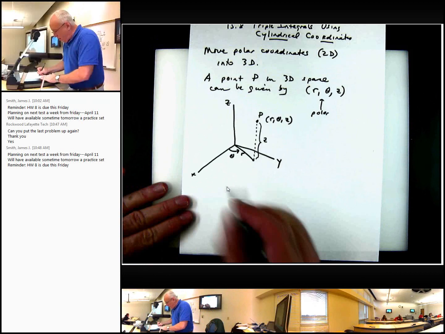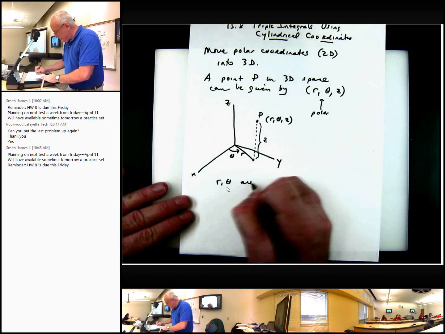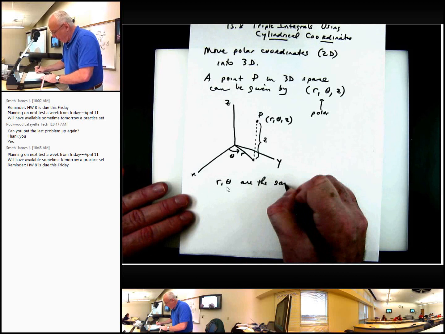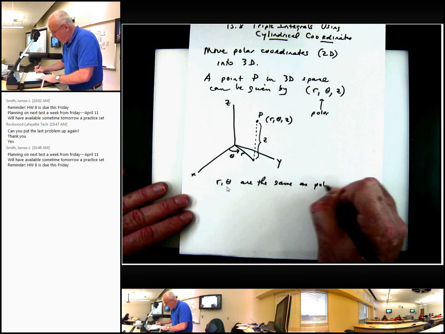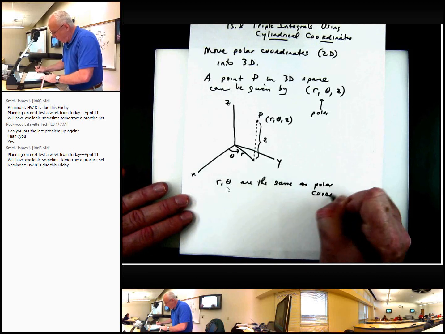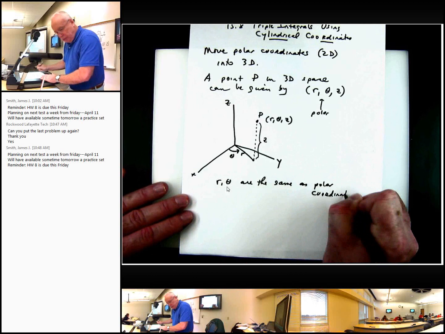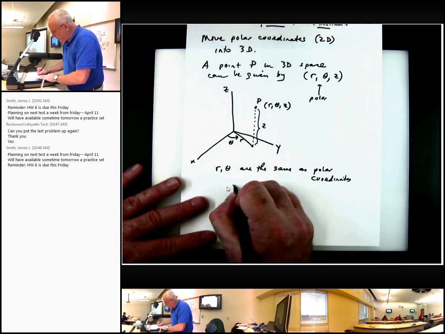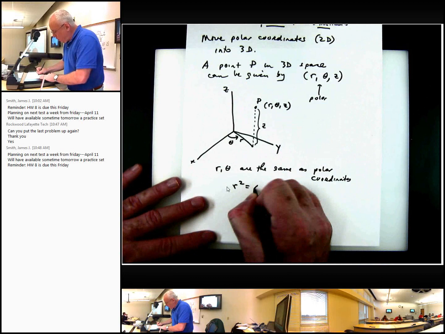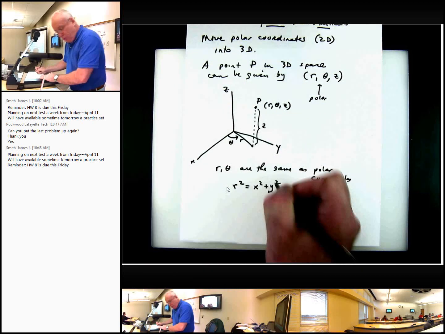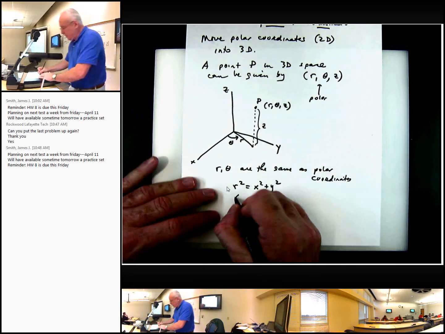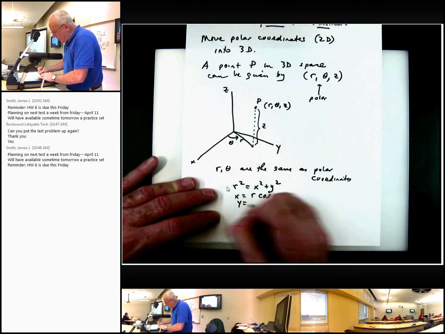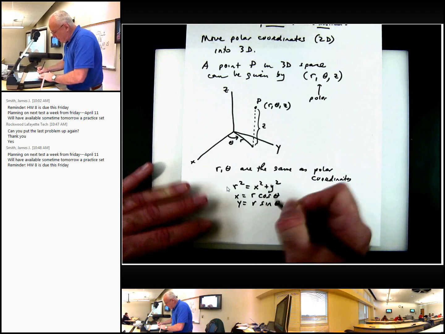Okay, so r and theta are the same as the polar coordinates. So let's just review here what the relationships are with rectangular. r squared is equal to x squared plus y squared. x is equal to r cosine of theta. y is r sine of theta.